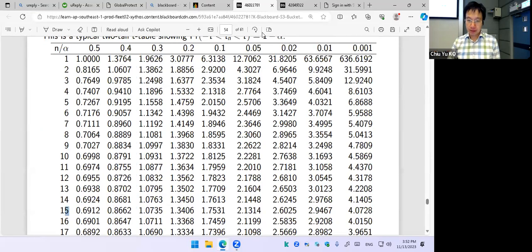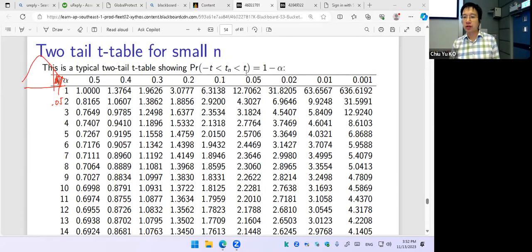Remember one thing: what we're doing is we want the tail to be 5%. So you have to be careful what table you're looking at. The table is two-tail, where you add the two tails together.